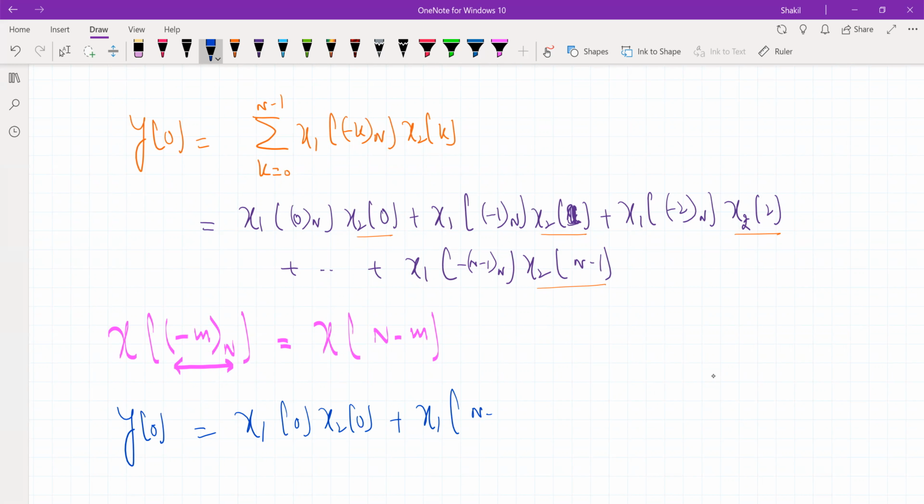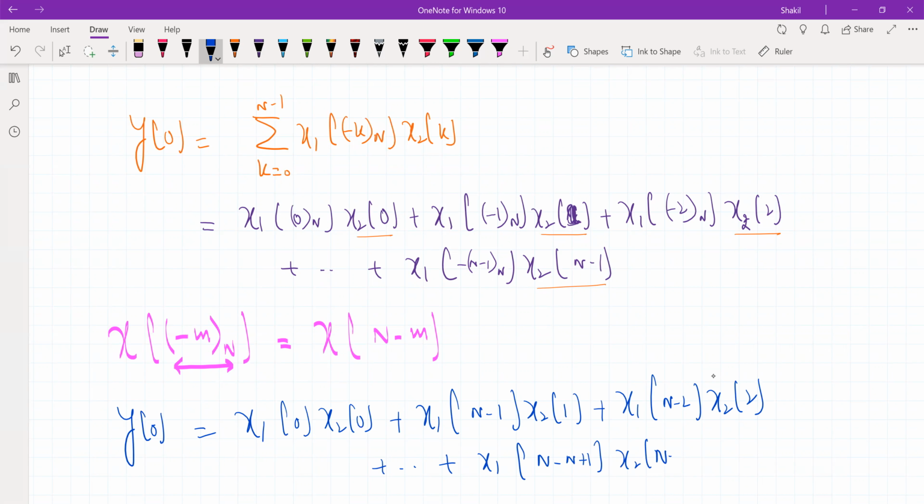So it will be n minus 1 and x2 of 1. x1 of minus 2, add n to it, and it will resolve the problem. So on, x1 of minus (n minus 1) plus n gives x1 of 1, x2 of n minus 1.